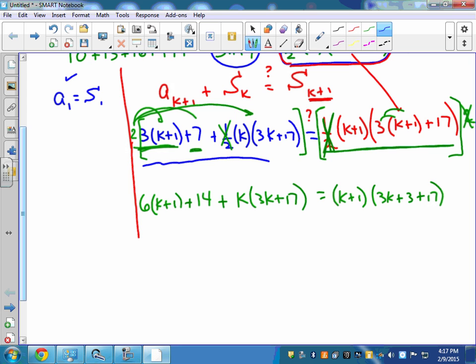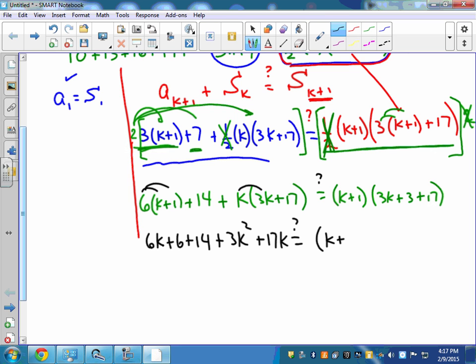Okay, let's go ahead and finish this, and then we'll be done with this example. So we have 6k plus 6 plus 14 plus 3k squared plus 17k. That's the left side. And we're seeing whether these match. So I have k plus 1 here, and I have 3k plus 20 there. So rearranging, I have 3k squared.